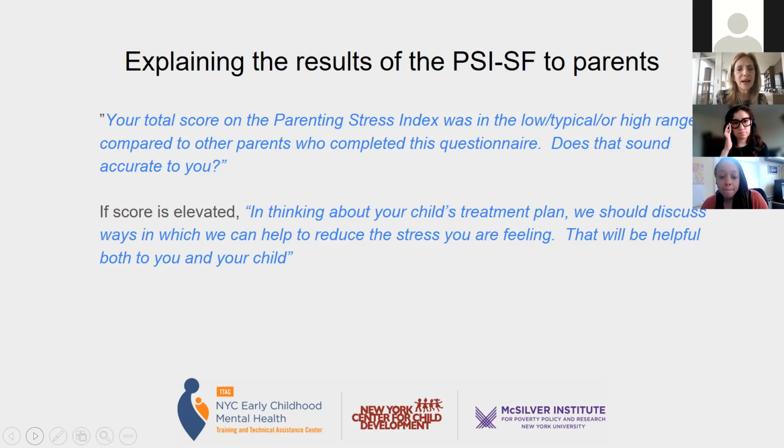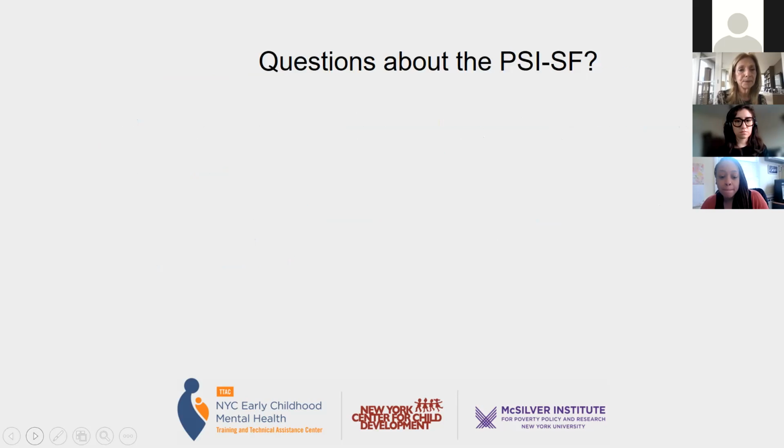But again, usually just reflecting the total score and checking in with the parent about whether that seems accurate to them as a measure of their level of stress is probably sufficient for the PSI.